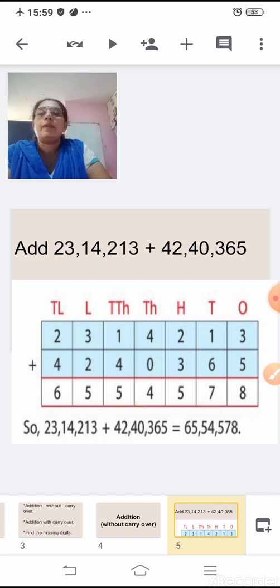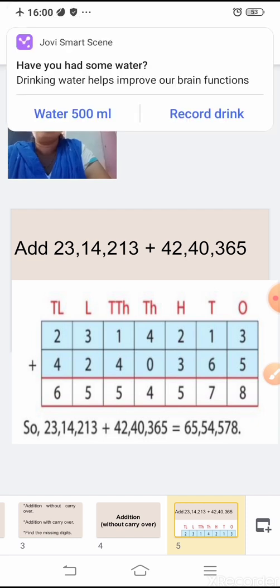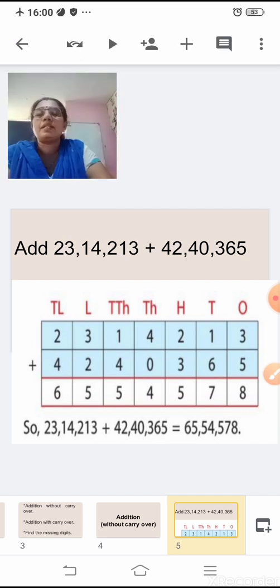In the thousands place, 4 plus 0 is 4. In the 10,000s place, 4 plus 1 is 5. In the lakhs place, 3 plus 2 is 5. And in the 10 lakhs place, 2 plus 4 is equal to 6.